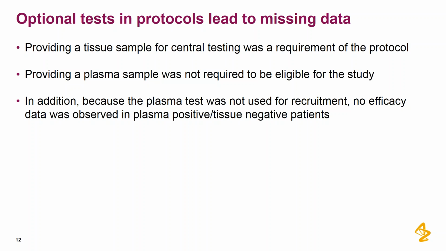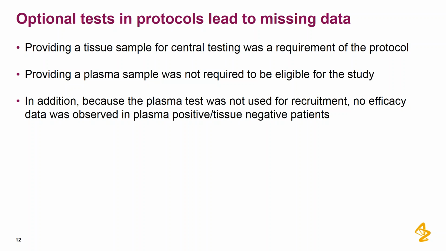Where I presented data on the PPA and the NPA and the concordance between having approval for a diagnostic test, say between a version 1 and a version 2, or even between tissue and plasma, it's important that we are able to collect those plasma samples for patients that are screened, and not just those that are randomized or entered into the study. That's because we can look at all the screen data there, and that gives us a larger sample size for looking at that concordance.